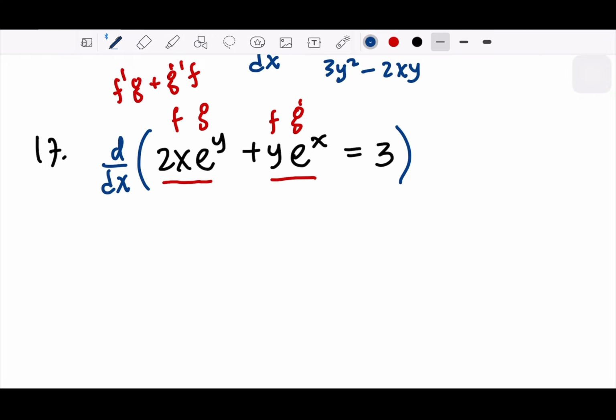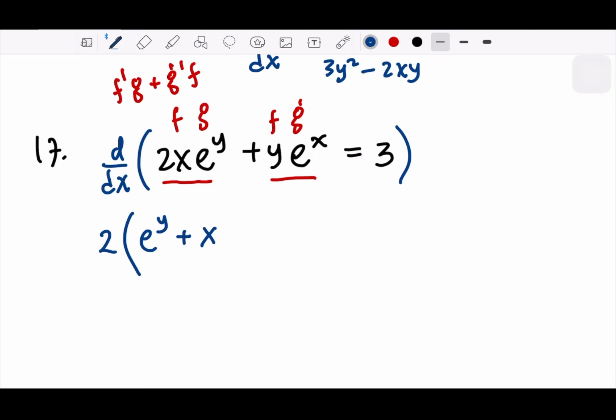So we can write 2 and then we can set up the F prime G. So maybe x becomes 1 and then G is just e with power of y, and plus x, and then differentiation of e is just e, but you need to multiply with the chain rule.